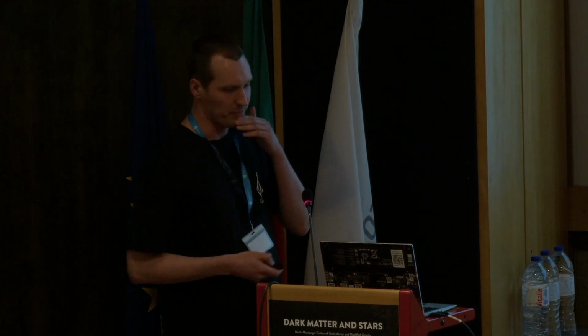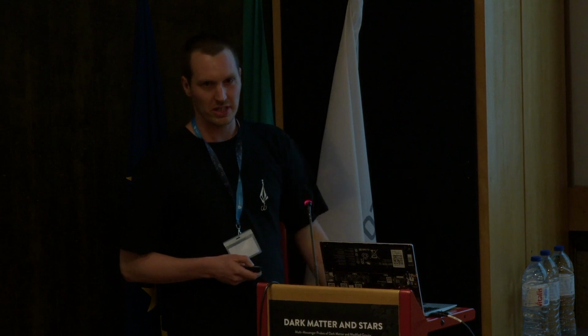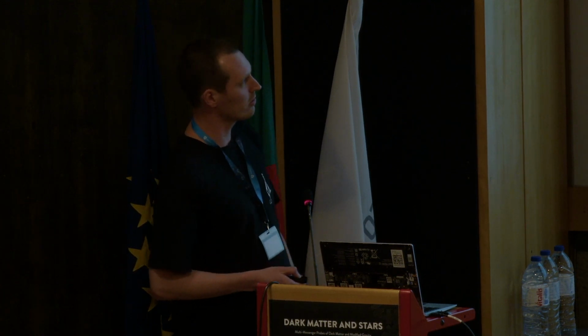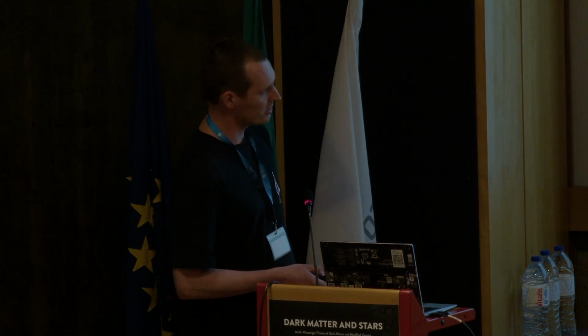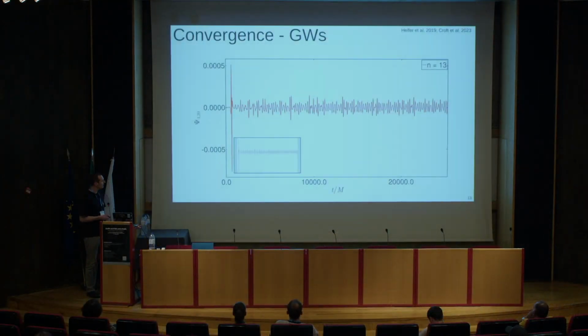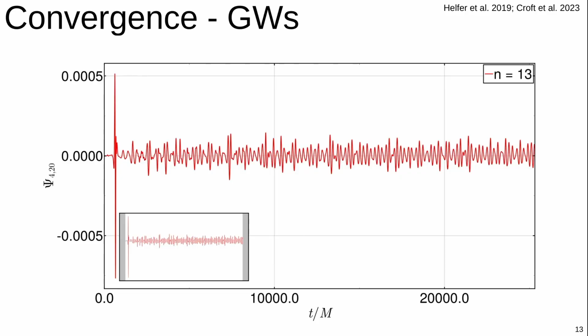Okay, and if you put this on the computer and let it run, you get a gravitational wave signal that looks something like this. Notice the time scale here. This is pretty long, 27,000 M. About the anatomy of this signal: we have an initial big spike, and this is when the two stars first touch each other and collide.